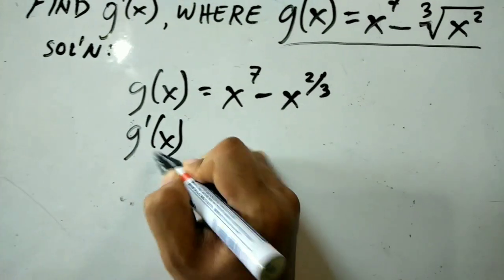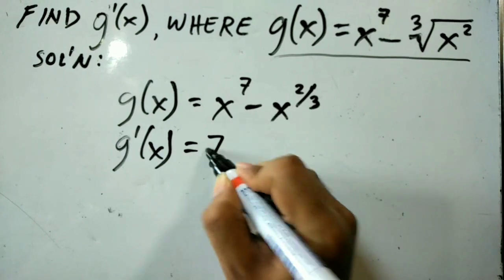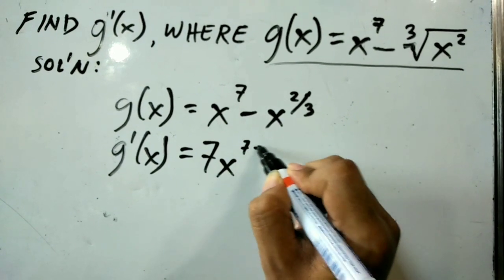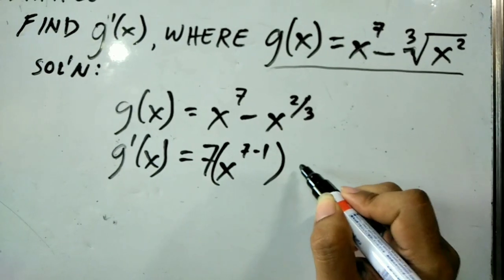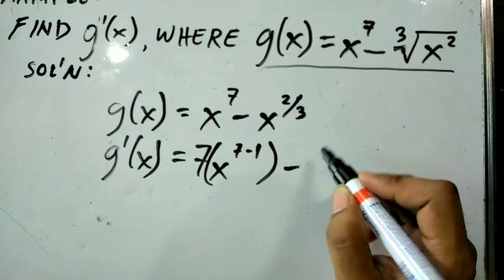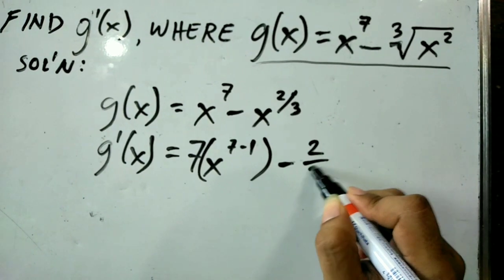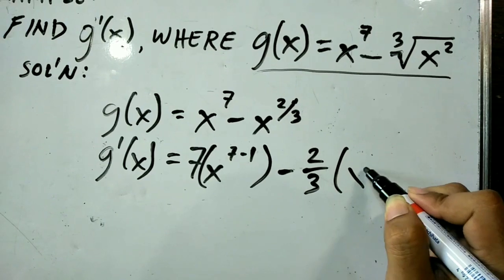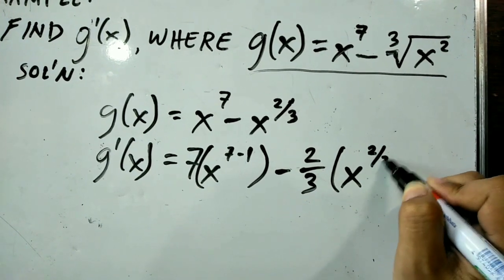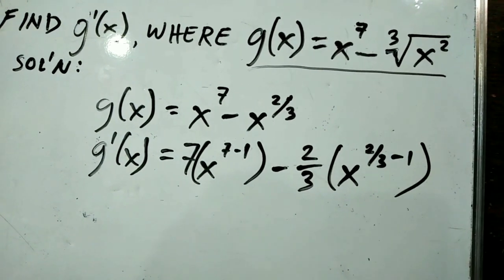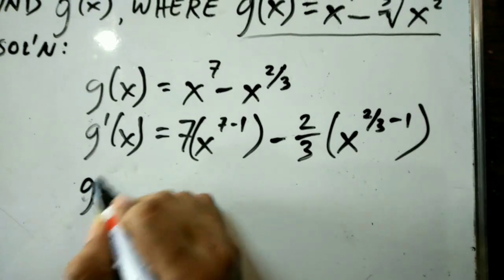g prime equals 7x to the 7 minus 1 minus 2/3 times x to the 2/3 minus 1. Okay, yan po.